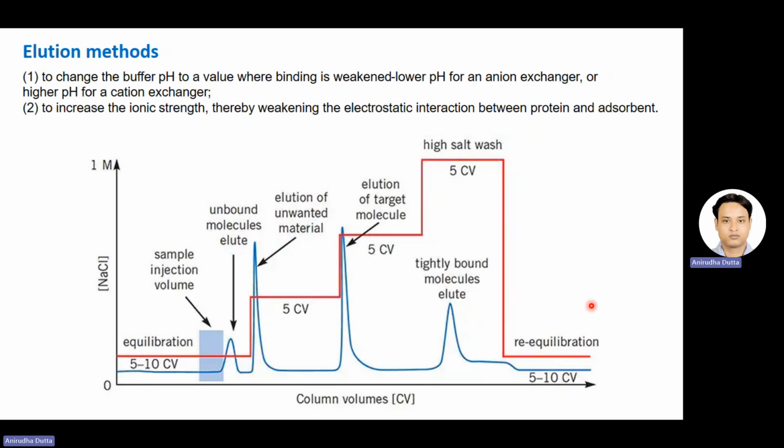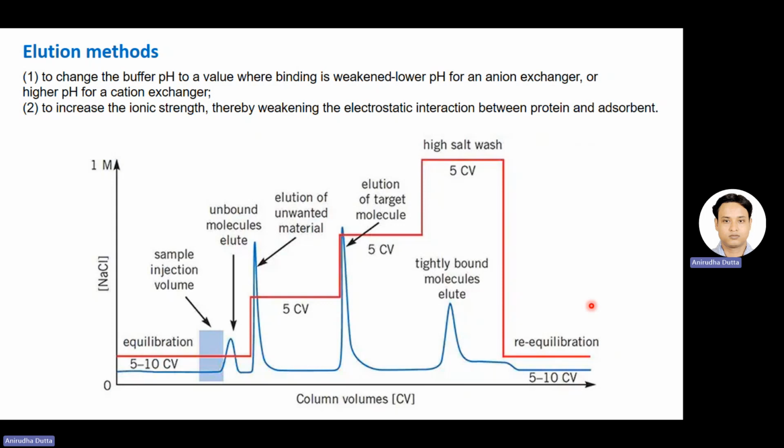If we reduce the pH to 7, the net negative charge would be reduced, and the protein would no longer be bound to the matrix because of poor interaction and might get eluted.